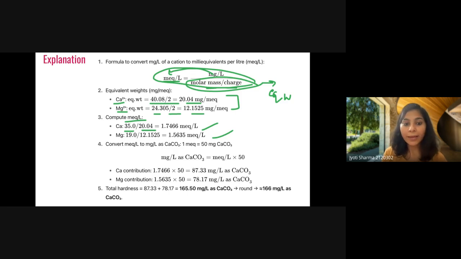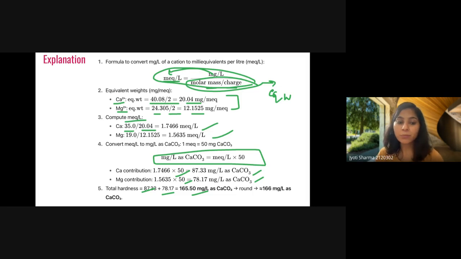Then we have to multiply it with 50, because we need to convert it into mg per liter as CaCO3. Whenever we multiply it with 50, we will have some value. Then we will do the summation, and this is how we will get near to 166 mg per liter as CaCO3. So very simple. You have concentration in mg per liter. You have to convert it into milli equivalent per liter, and this is the formula how you can do this.